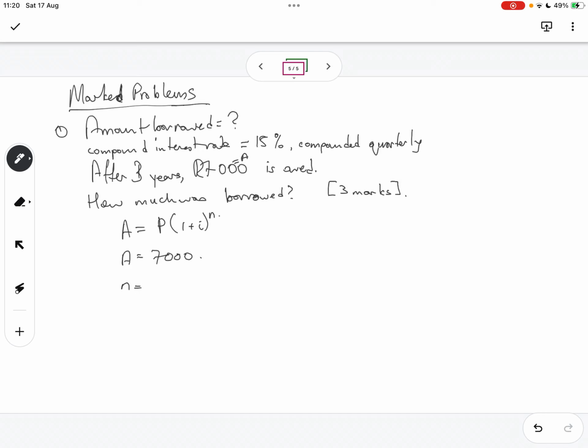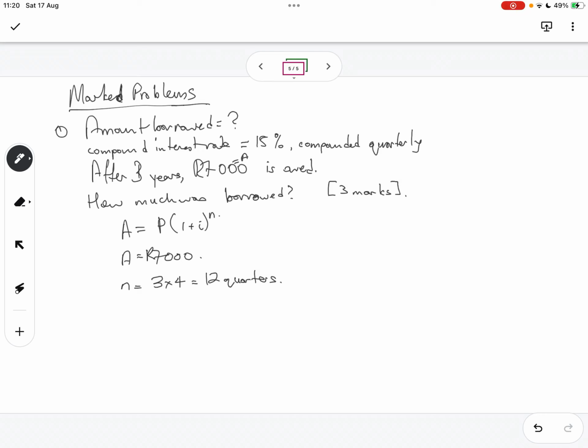So A is 7,000. We know that n is the period. But now we've got this interest compounded every quarter. How many quarters do we have in a year? 4. Okay, so we will have to multiply the 3 years by 4 so that we get 12 quarters in total.